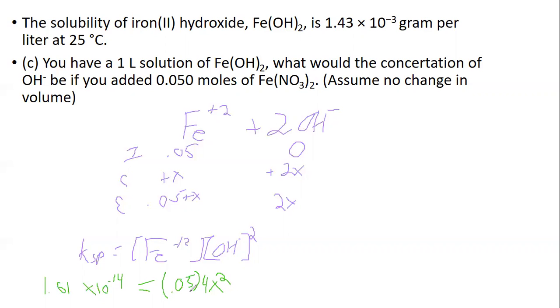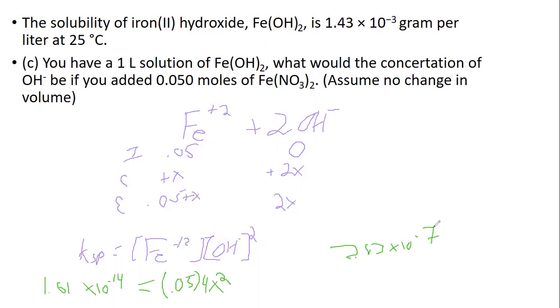So it'd be 1.61 times 10 to the negative 14th divided by the 0.05 and the 4, and then take the square root, and I got 2.83 times 10 to the negative 7th. And that is our final answer.